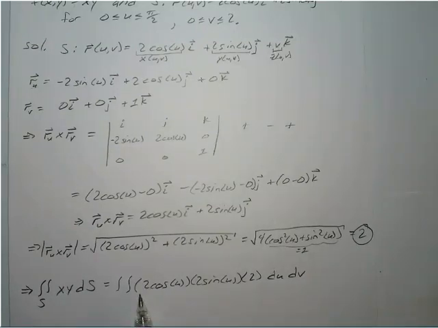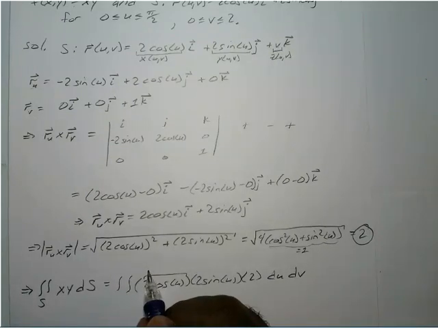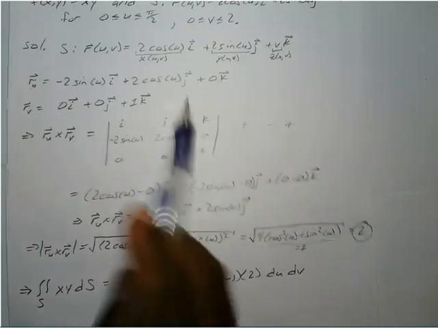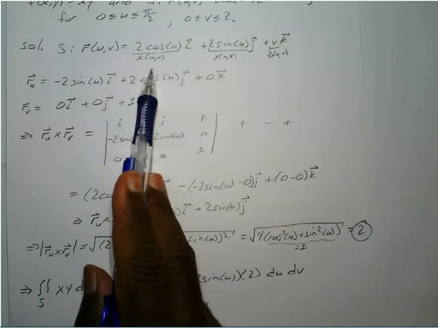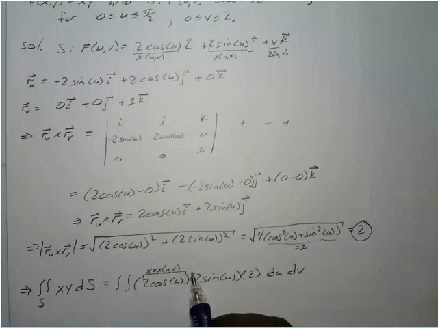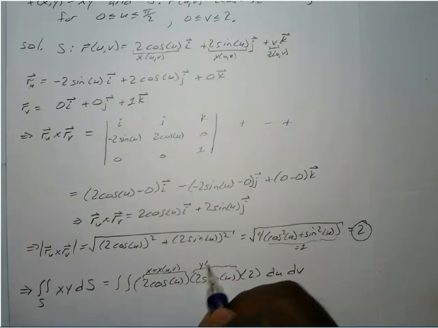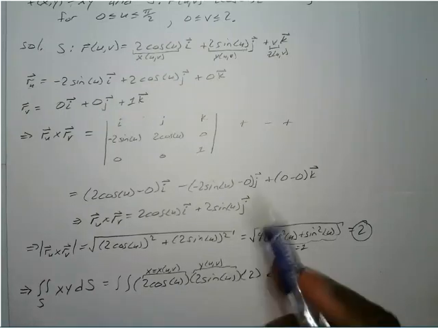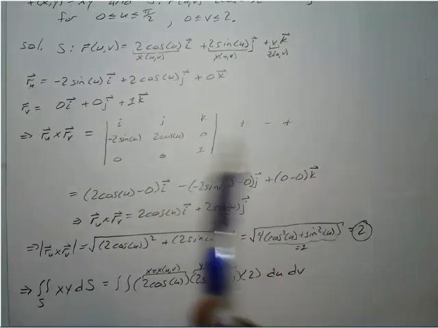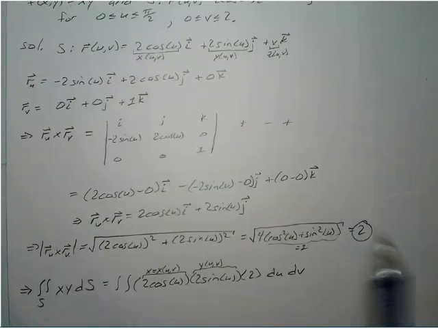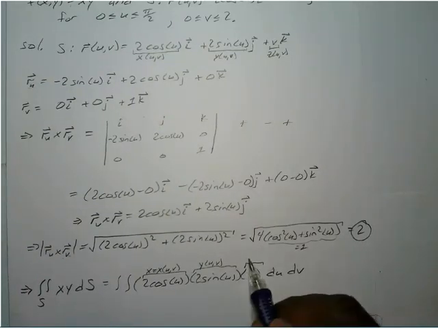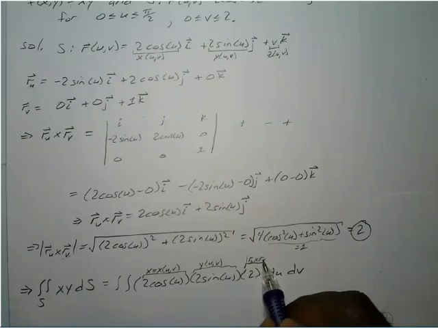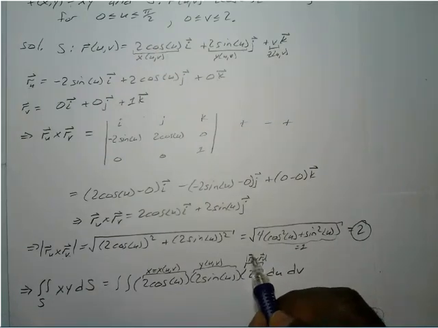All right, now looking closely at this, this is our x equals x of u v. Remember, we identified those earlier. That's our x of u v. This is our y of u v. Okay, and remember this is our magnitude of our cross product.